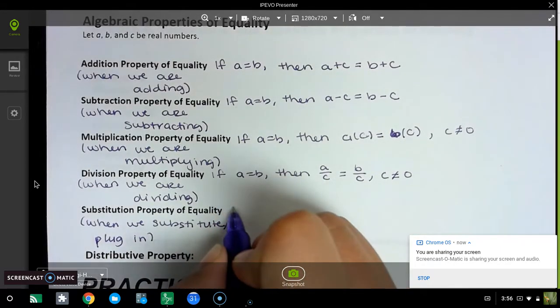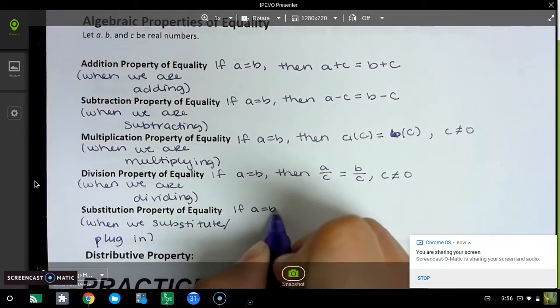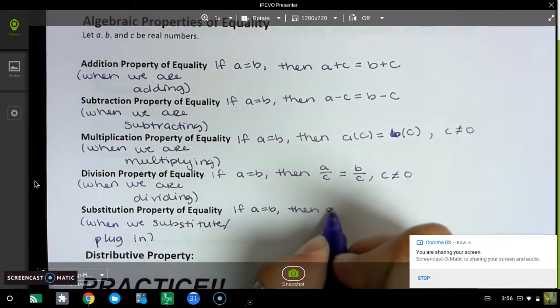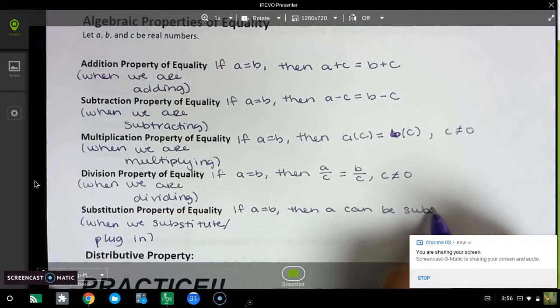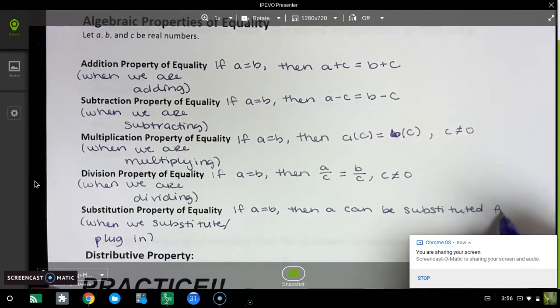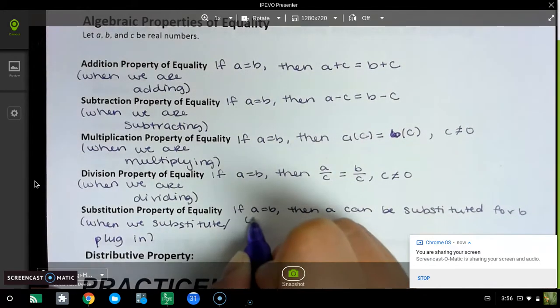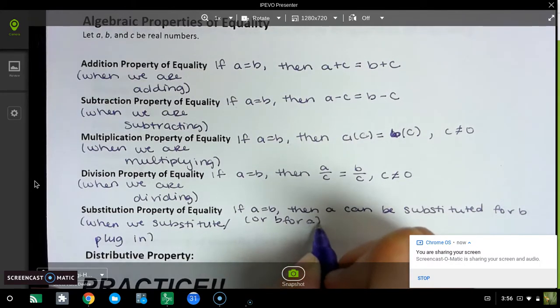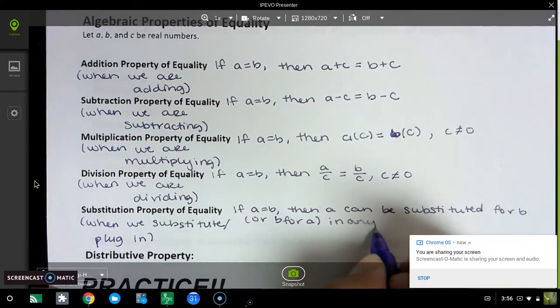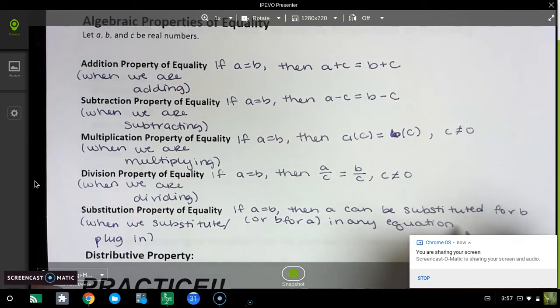So this one is if A equals B, then A can be substituted for B, or B for A in any equation. So this is when you plug it in, okay? I've talked to you guys a lot about that.